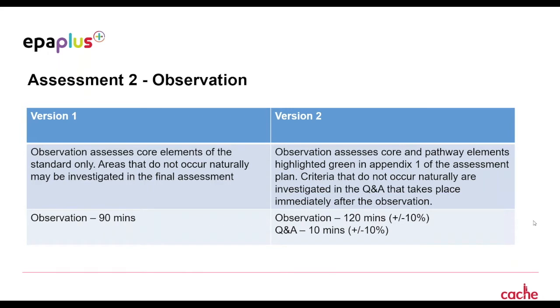And that question and answer session doesn't necessarily have to take place. If it's a perfect observation and all of those criteria are seen, then that question and answer session that acts as a mop-up for things that didn't occur naturally doesn't need to take place.